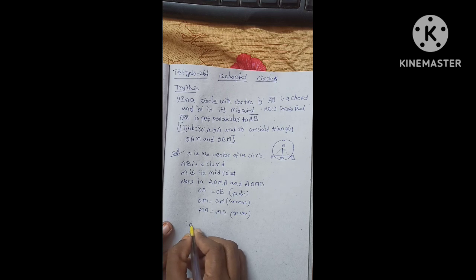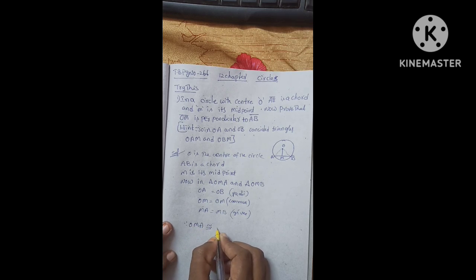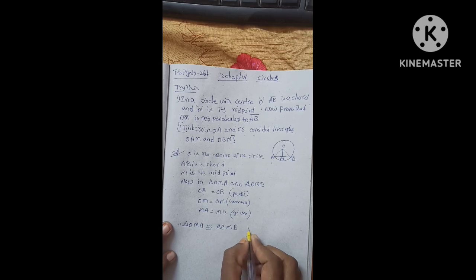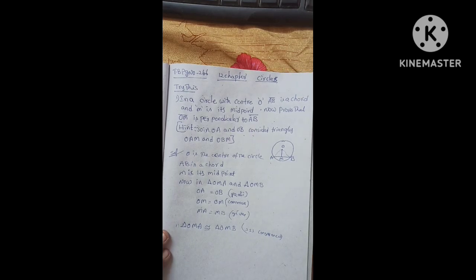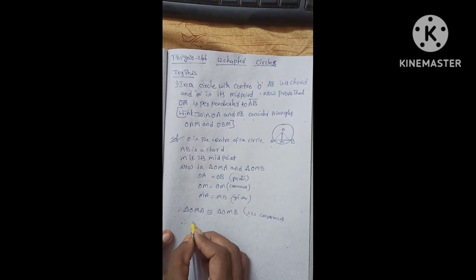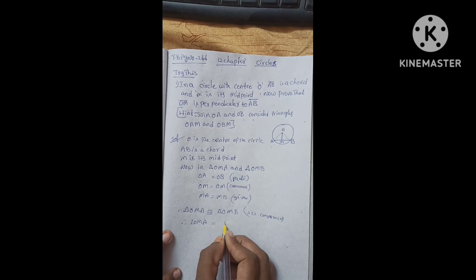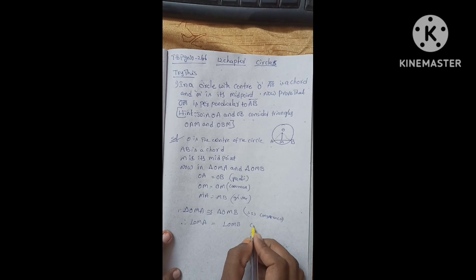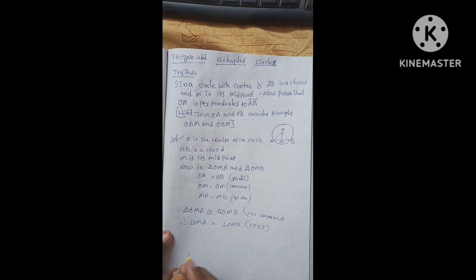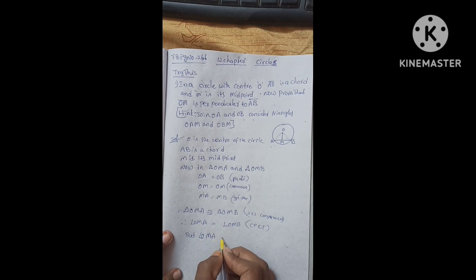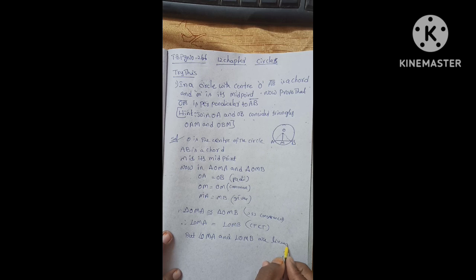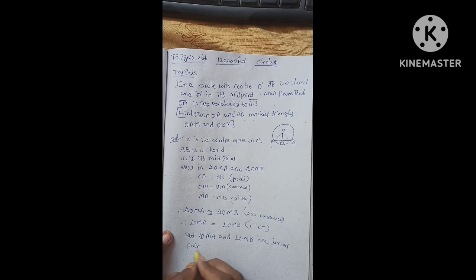Therefore triangle OMA is congruent to triangle OMB by SSS congruence, side-side-side.